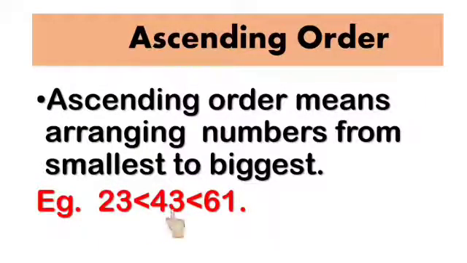And 43 is greater out of these two. And 61 is the biggest number. With the help of the smaller than sign, we show the ascending order of numbers.